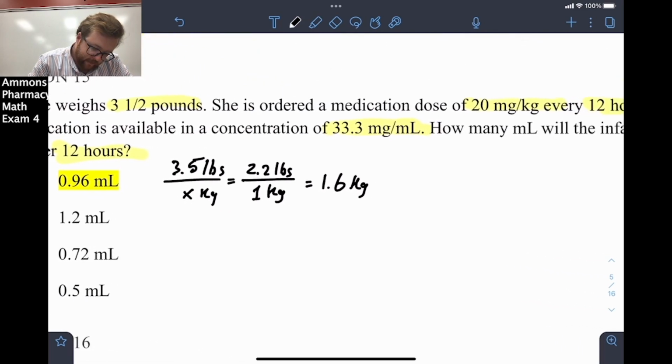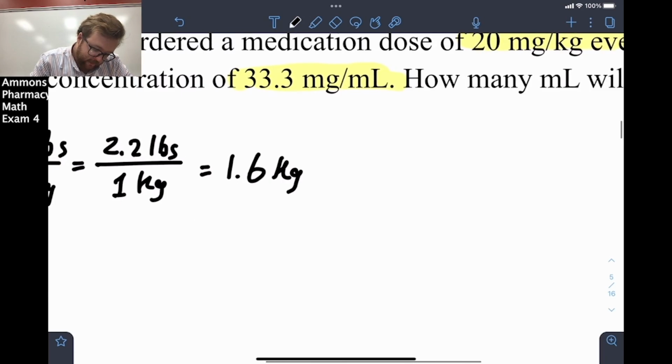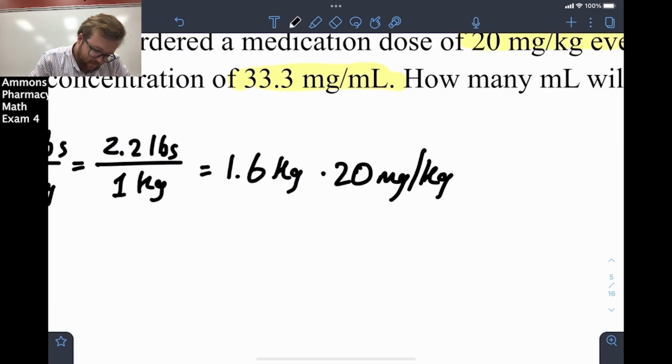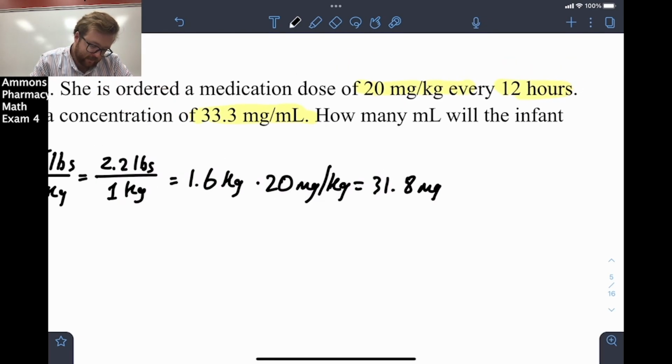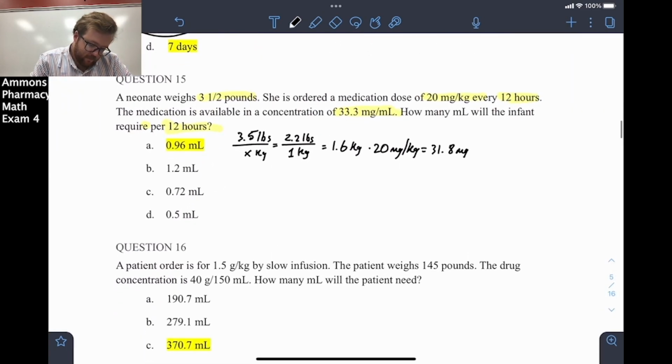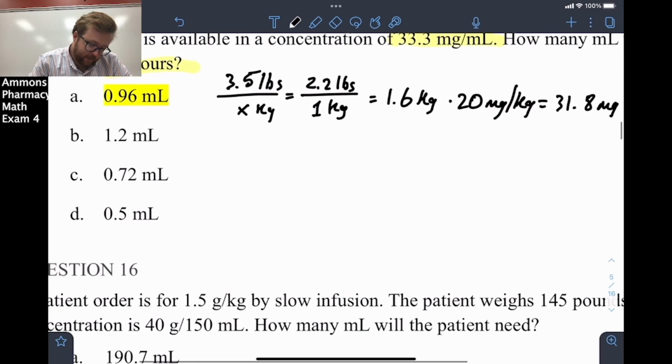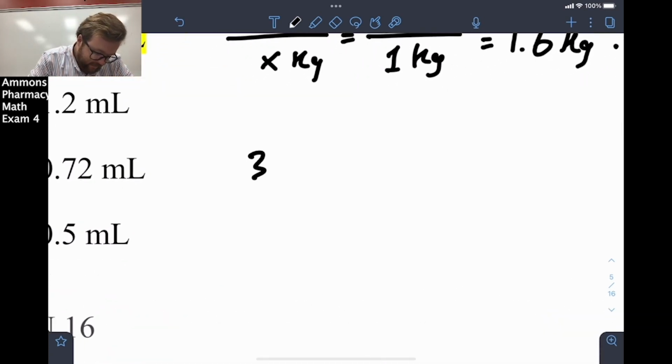How many milligrams per kilo are they getting? They're getting 20. So remember, when you do this calculation, that is every 12 hours. So this patient is getting 31.8 milligrams every 12 hours. So our drug is 33.3 milligrams per mil.